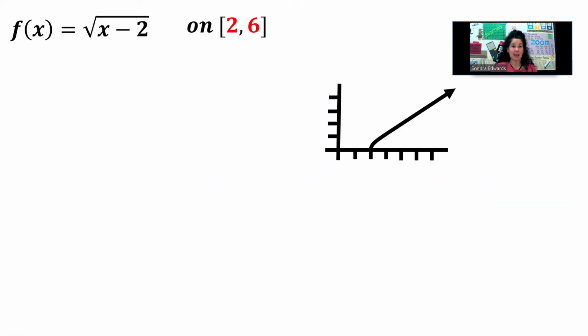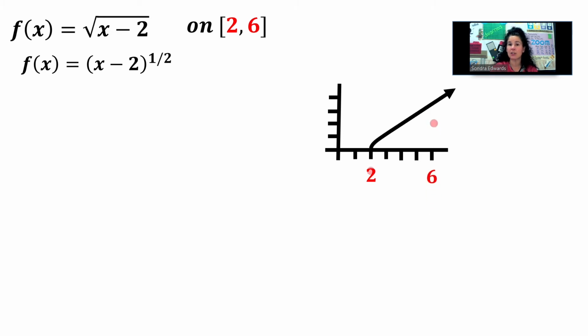Let's do one example where we're finding that c value where the derivative is equal to the slope between the endpoints. Before I really get started, I'm going to go ahead and rewrite this function as (x minus 2) to the 1/2, because as a calculus student, I do not like this square root symbol. I prefer this notation. Okay, so focusing on the given information, we're on a closed interval from 2 to 6.